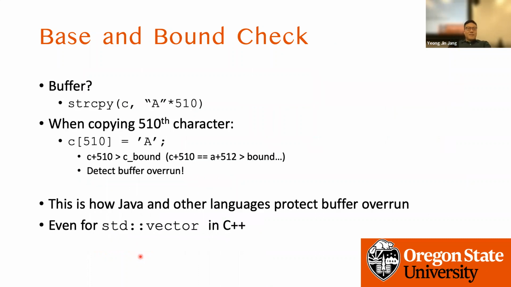So it's all about the base and bound check. It also applies to the buffer. I just mentioned being able to store byte by byte. Even if we insert string copy, internally string copy will have a loop.